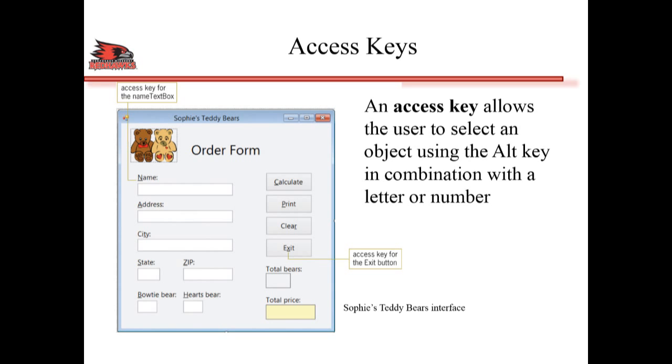As an example in this picture, if you have an assigned access key of N for the name label in your program, then if you type Alt and N, your label would be selected in your application. Similarly, for the exit button, X is the access key, so Alt X would imitate you clicking the exit button in your program.